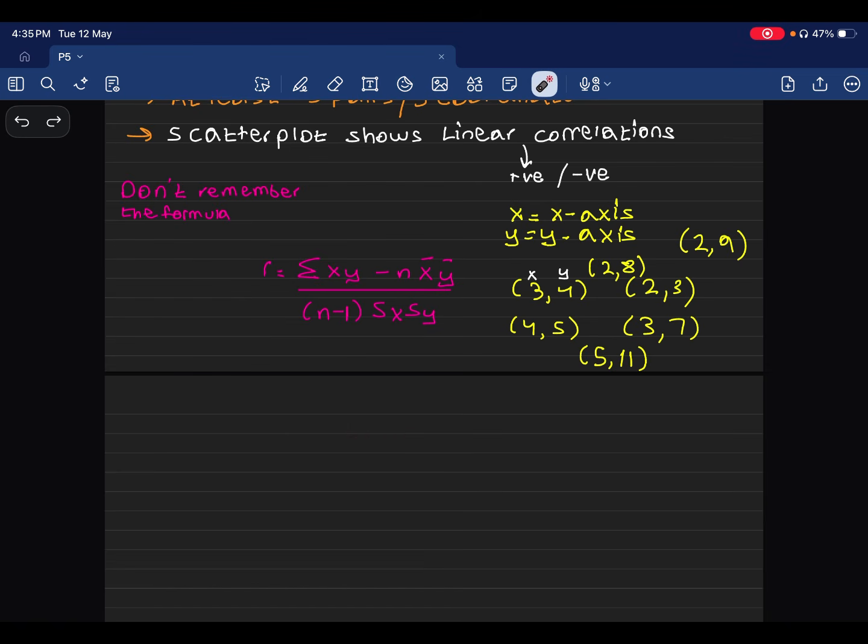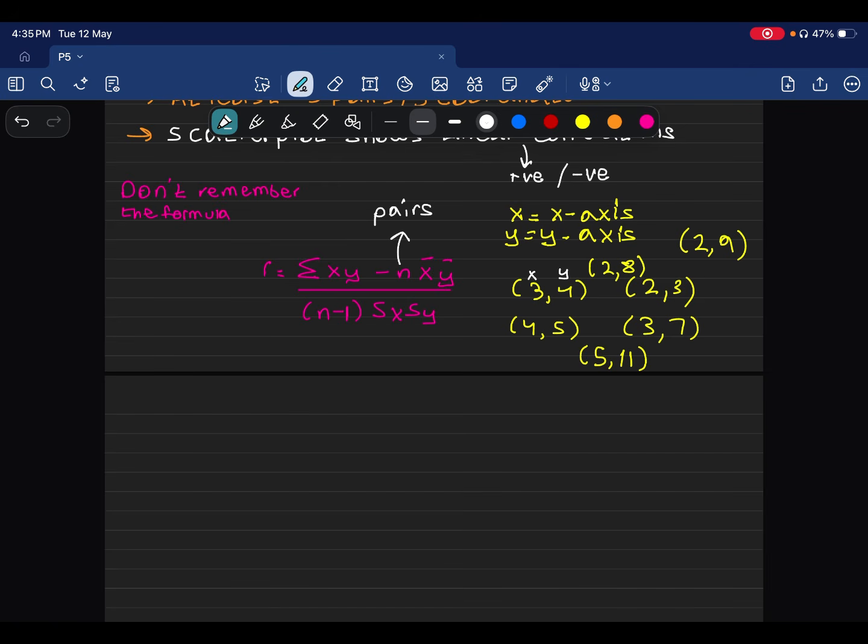Okay. What does n mean? You now know this. Just like we talked about in the previous statistical test, n refers to the number of categories, or you could say the number of pairs of data in this case. So how many coordinates did we have here? 7. So n here is gonna be equal to 7.